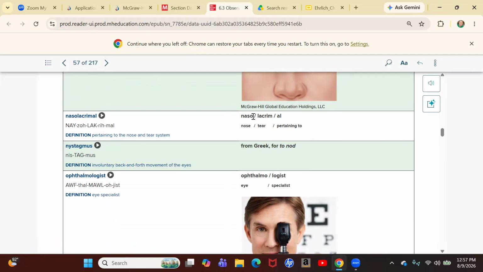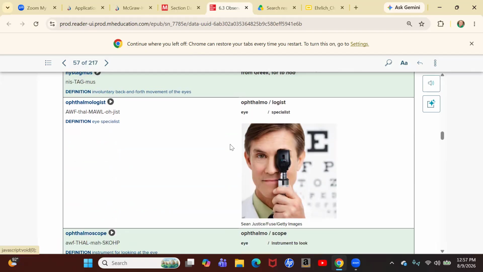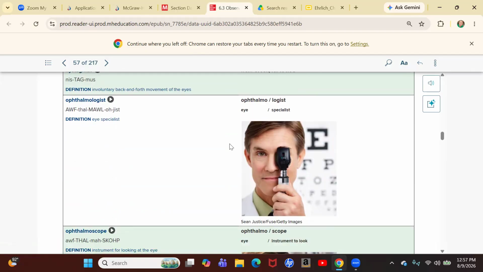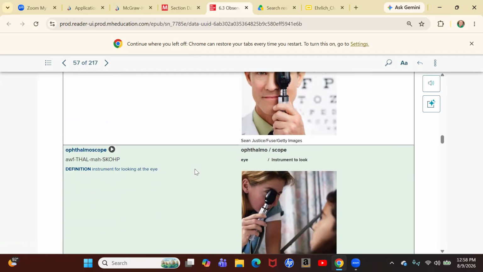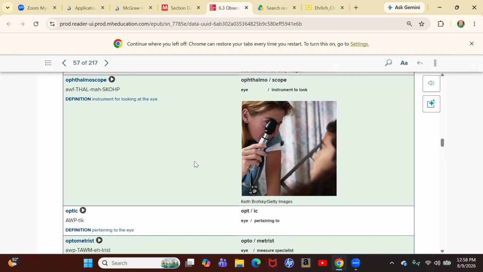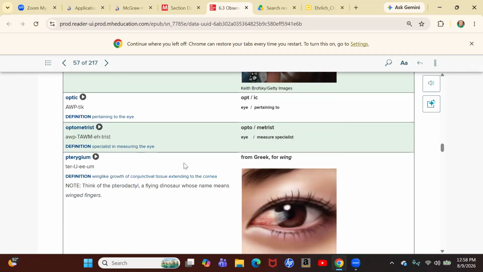Nasolacrimal, naso meaning nose. Ophthalmologist, the specialist of the eye that can diagnose diseases of the eye. The instrument they use to look at the eye would be the ophthalmoscope, the term optic pertaining to the eye, and an optometrist.